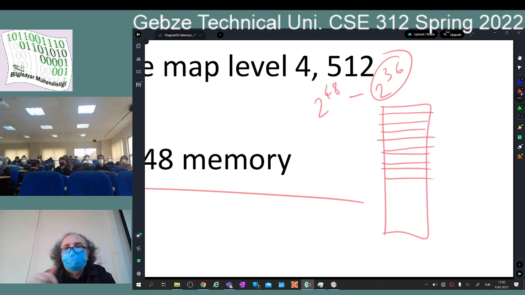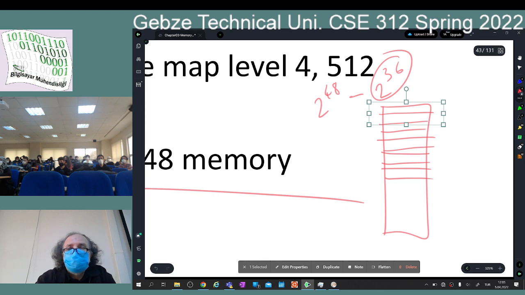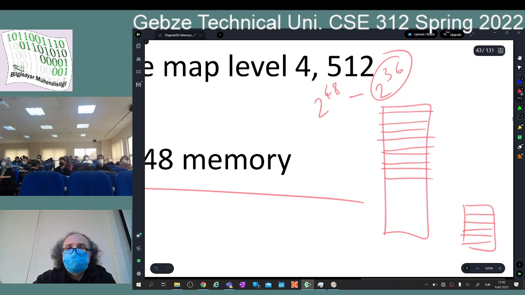Okay, so I need this one will keep. Okay, compared to this 2 to the 36, my physical memory is very, very little. Okay, so I need to do this.